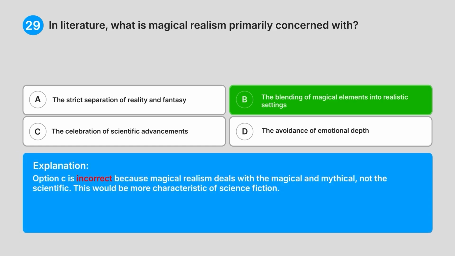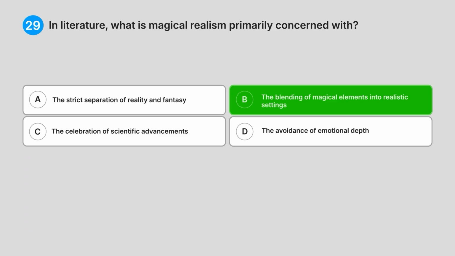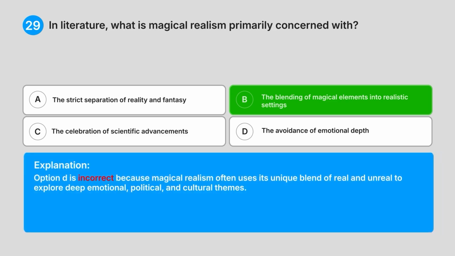Option C is incorrect because magical realism deals with the magical and mythical, not the scientific. This would be more characteristic of science fiction. Option D is incorrect because magical realism often uses its unique blend of real and unreal to explore deep emotional, political, and cultural themes.